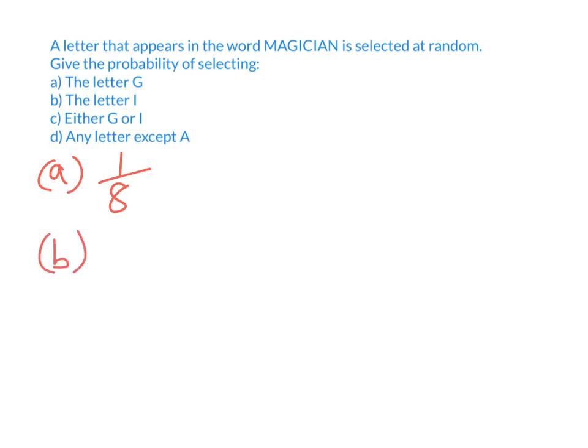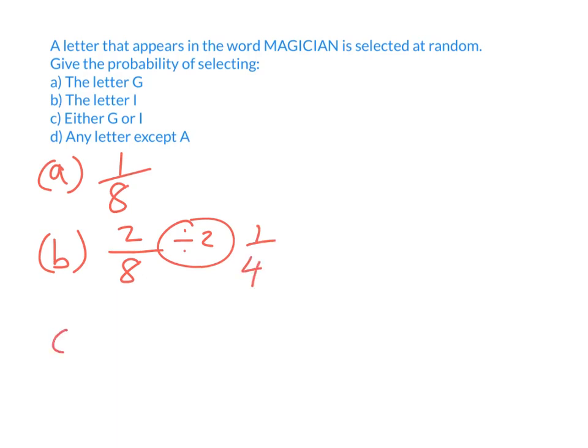For B, what's the probability of getting the letter A? Well, we can see that there are 2 A's in the word magician. So we've got 2 opportunities out of 8 letters, and we simplify by dividing by 2, which is a 1 in 4 chance.